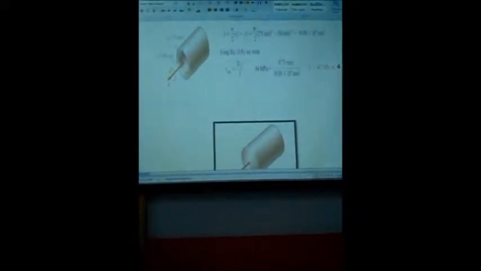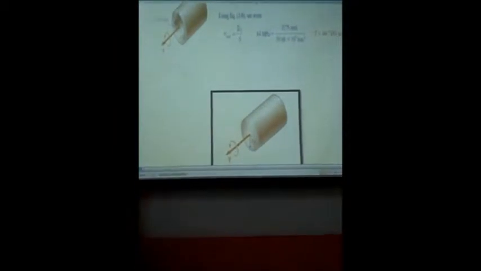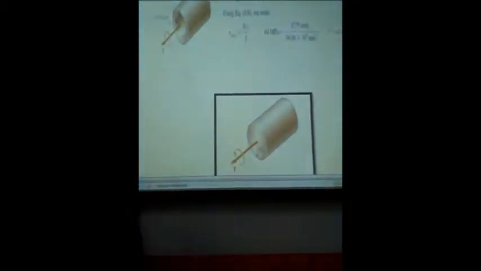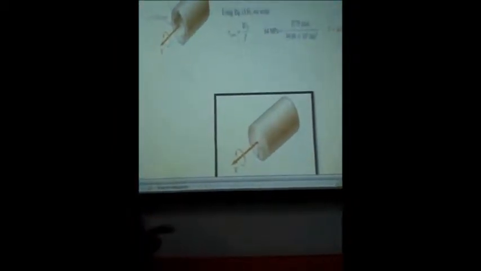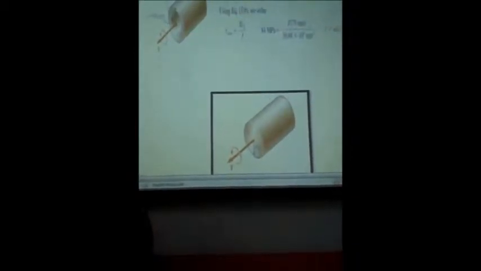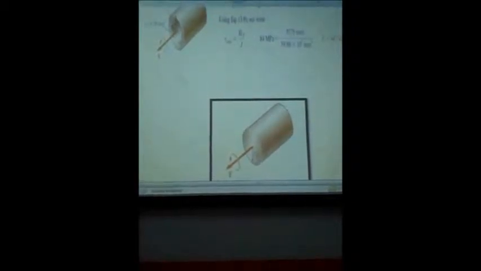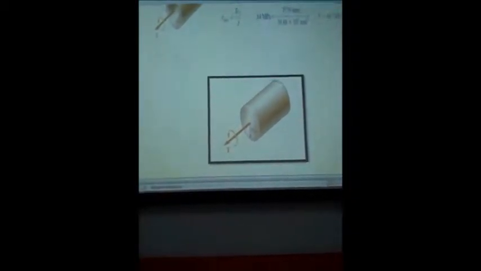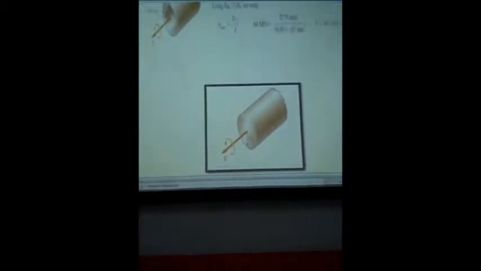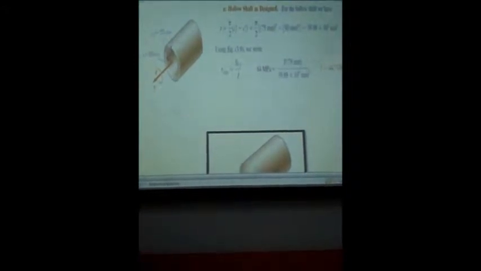Using equation 3.9, we write T maximum equals Tc over J. When we want to calculate the maximum stress, we must use C, and C means the maximum shear stress. So we calculate and we get the answer 44.7 kilonewton meter for the hollow shaft as designed.